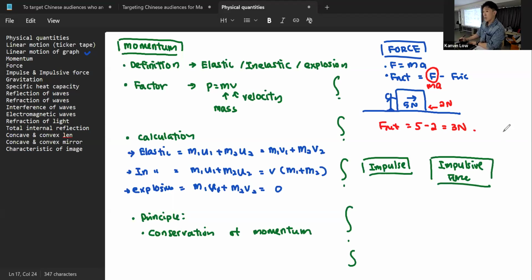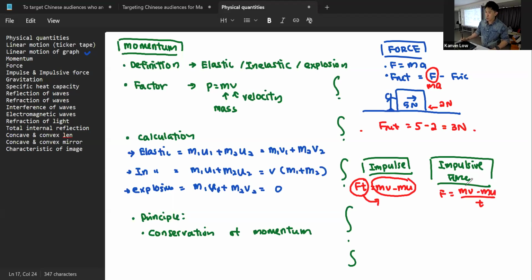The formula actually is provided, but you have to know, students, impulse, what is the formula? Ft equals mv minus mu. So you can either use Ft to find the impulse, or you can also use mv minus mu to find the impulse. Impulsive force is the F. So you move the t to the right, and that one will be your impulsive force.